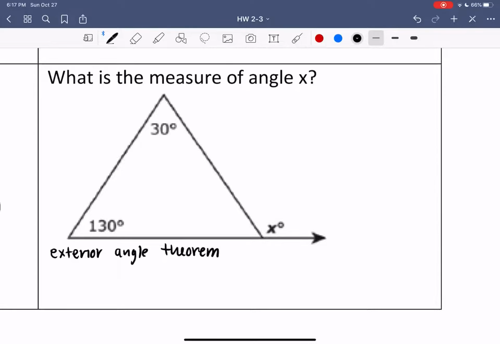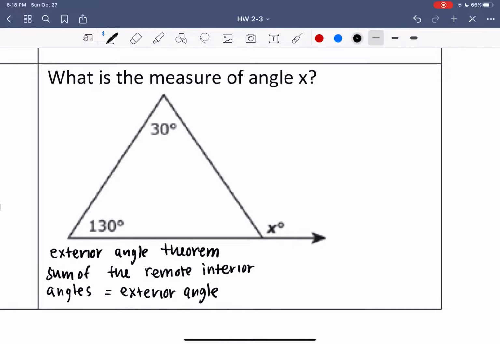And this one states that the sum of the remote interior angles equals the exterior angle. So our remote interior angles are going to be the two 30 degrees and 130 degrees.